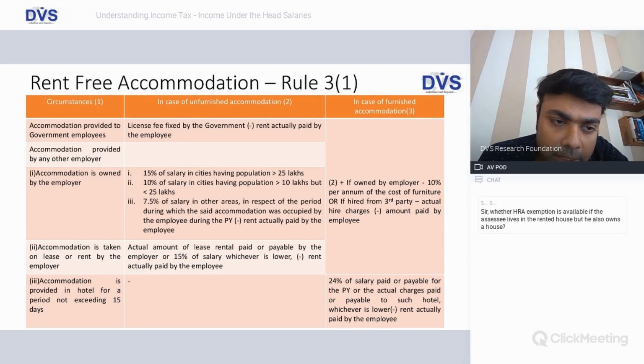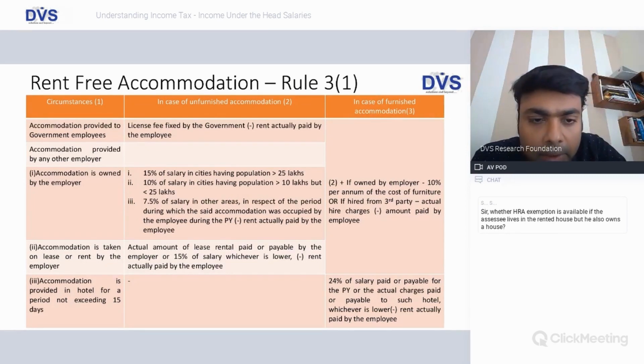Accommodation is taken on lease or rent by the employer. The actual amount of lease rent paid or payable by the employer, or 15% of salary, whichever is lower, will be the value of perquisite. You will reduce the rent, if any, paid by the employee. Now, look at it, friends. For an unfurnished accommodation, if it's a government employee, it is the license fee. If it is a non-government employee, based on the population of the city where the accommodation is provided, it is 15, 10, or 7.5%.